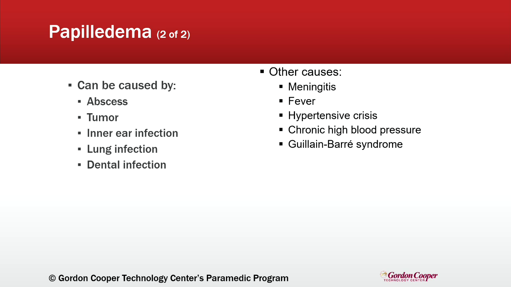Causes can be a variety of conditions, including an abscess, a tumor, an inner ear infection, a lung infection, maybe even a dental infection. Other causes could include meningitis, fever, severe hypertension, chronic high blood pressure, and even Guillain-Barré syndrome.